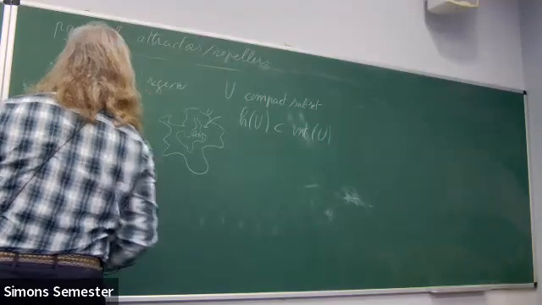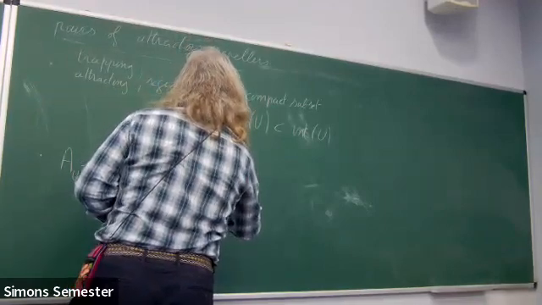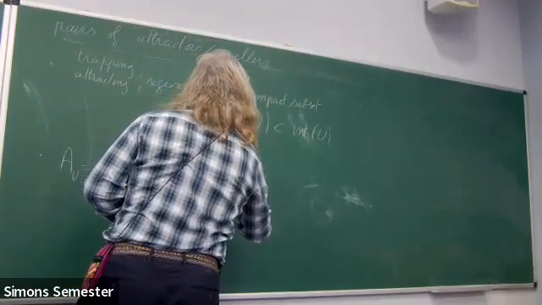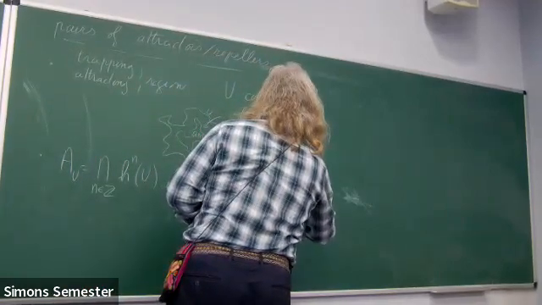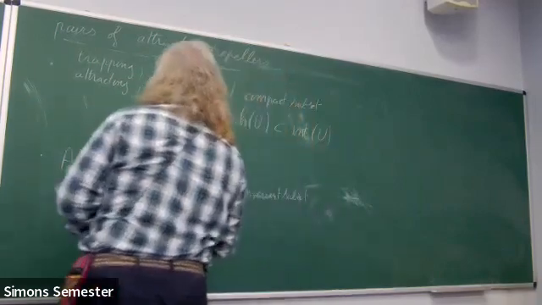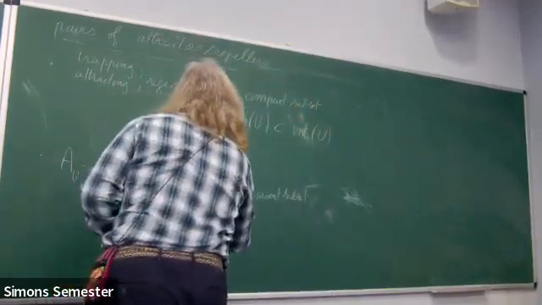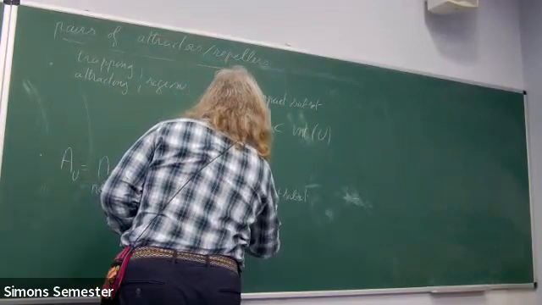So let's put in Z. So that's the maximal invariant subset, and it will be called the attractor associated to U.